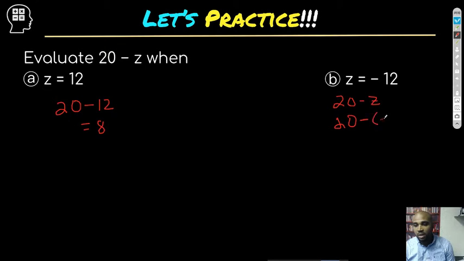So this is going to be a negative 12. And be careful here because you got to keep this minus sign and then let z be your negative 12. And I know when I have this minus and negative right next to each other, it turns into a what? Yes, yes, yes. A plus sign. So that should become a pretty easy problem. So now we end up with 32.